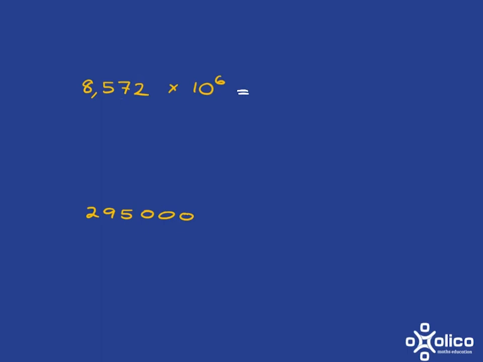When we do that, we move the comma 1, 2, 3, 4, 5, 6 places, and we have to put in zeros for all those. So what we'll get is 8,572,000.